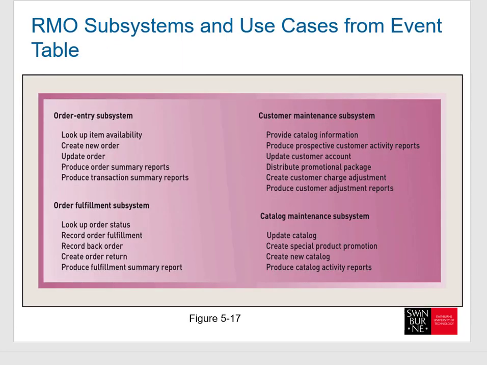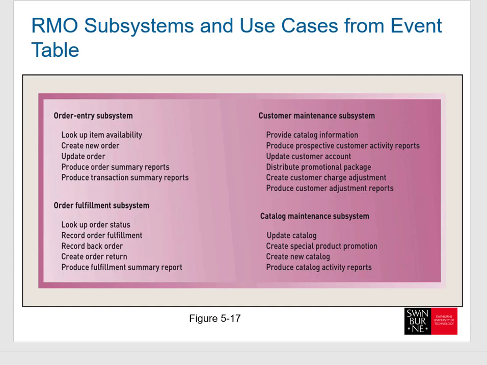So when you define your event table, these are the major subsystems. If you think about order entry subsystem, these are the use cases or the events that come up.